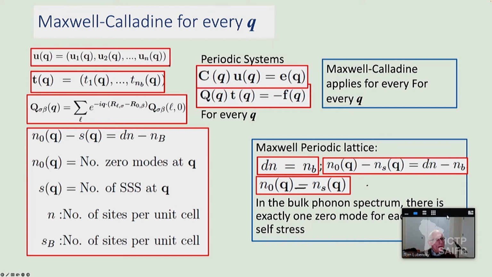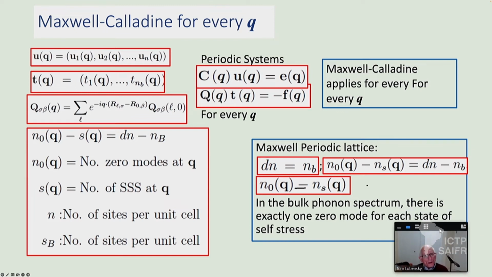And okay, so now we're going to look at the Maxwell. So we've diagonalized and decoupled a lot of the sites. And now rather than having CU equal to e, for each q we have a C matrix and a Q matrix. And all of the general statements we made apply to the q as well as to the grand ones.